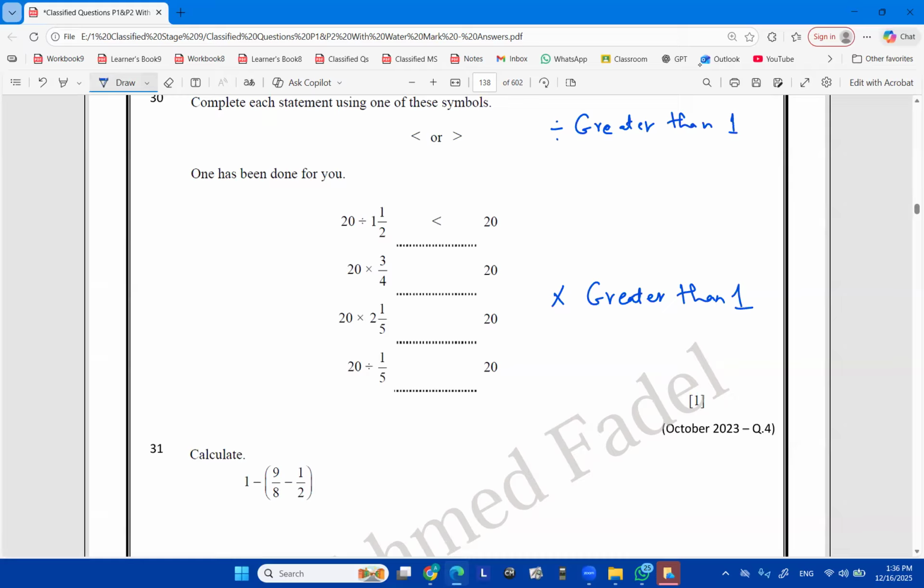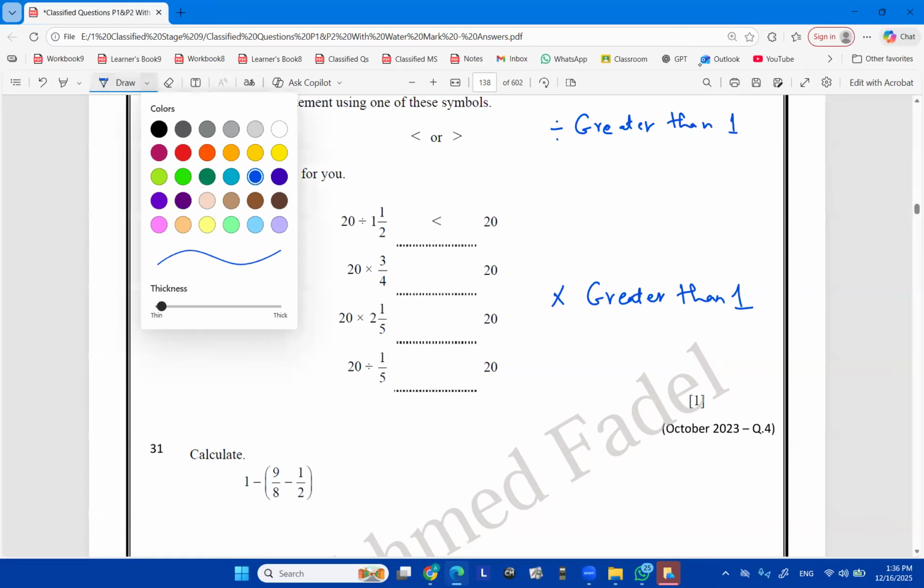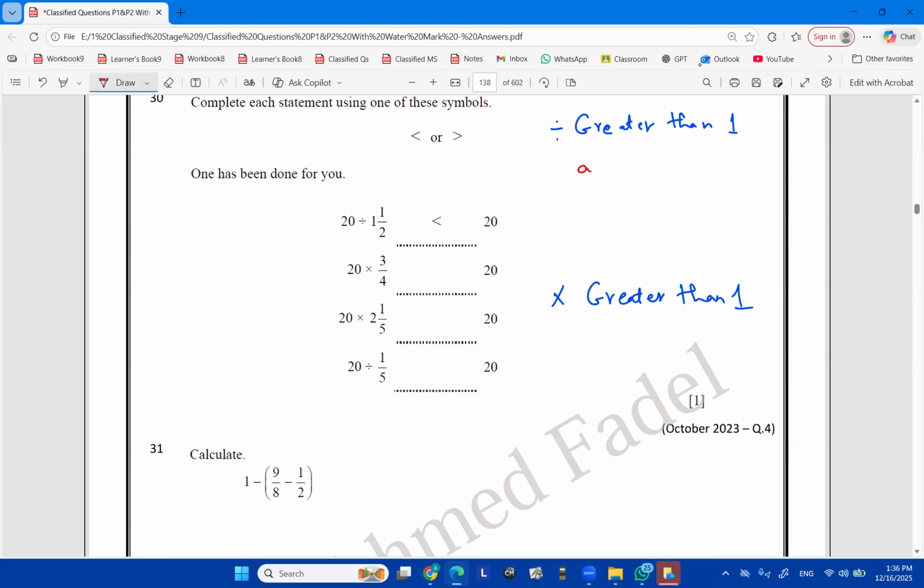We know that in division, if it's greater than 1, usually what happens normally is that the answer gets smaller. And in multiplication, if you're multiplying by greater than 1, the answer gets bigger.